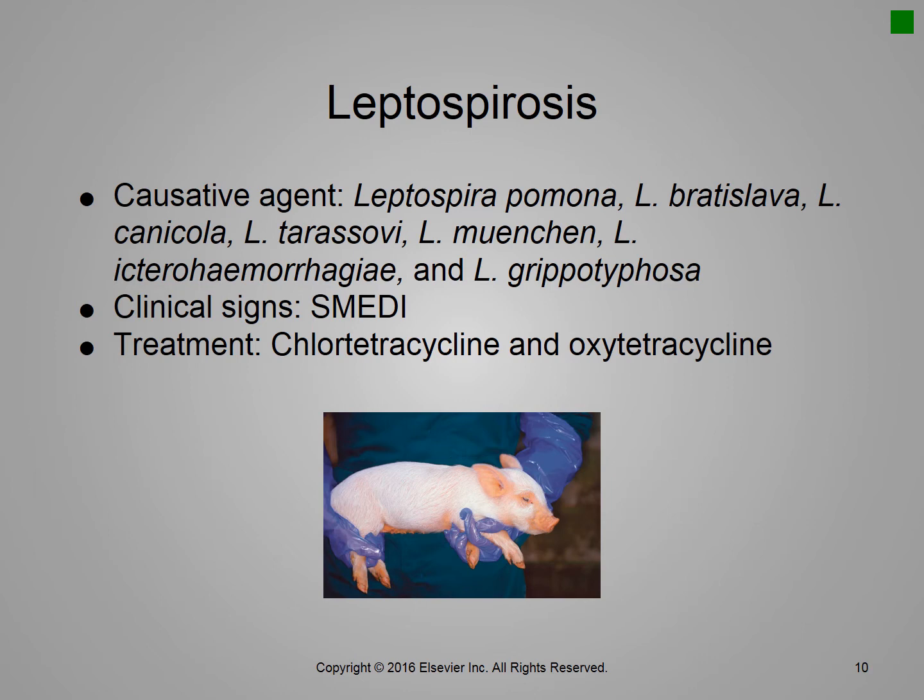Again, lepto, if you can get to it early, then you're going to have a pretty good outcome. I notice they're holding this little pig with gloves on, long arm gloves, probably a protective gown there. This can be a really unpleasant disease, but again, if you get to it early, it's a pretty good thing. And if you have any problems, well, start to vaccinate.